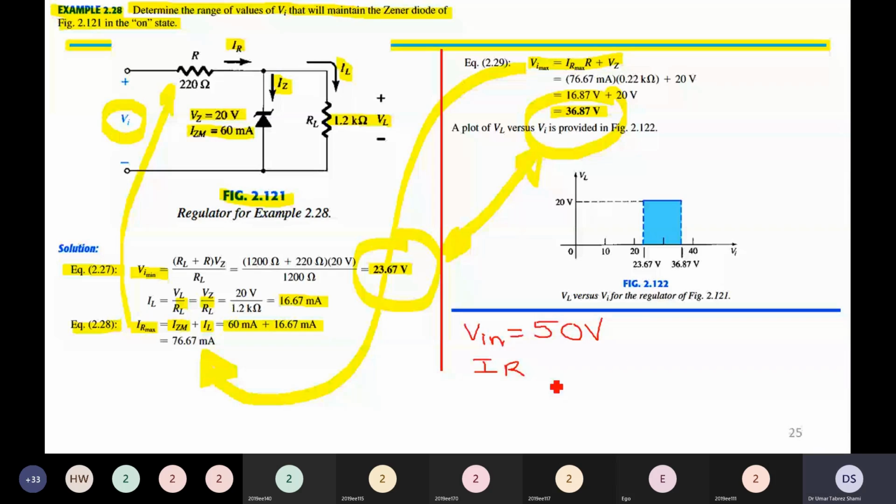IR is equal to 50 volt minus 20 volt from Zener diode, divided by 220 ohms, the value of R. This is equal to 136 milliampere.